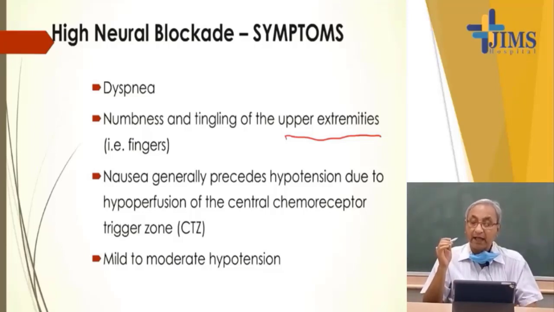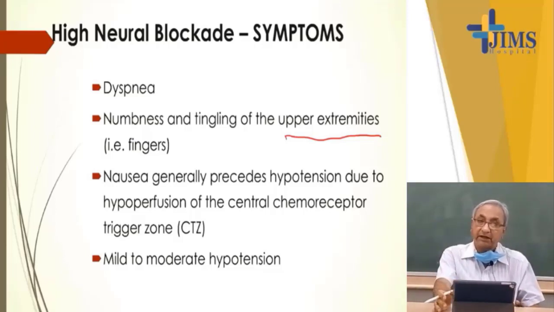Nausea and vomiting due to the hypotension is there because there is a stimulation of the central chemoreceptor trigger zone, which is the vomiting center. But in mild to moderate hypotension, these effects are not there.